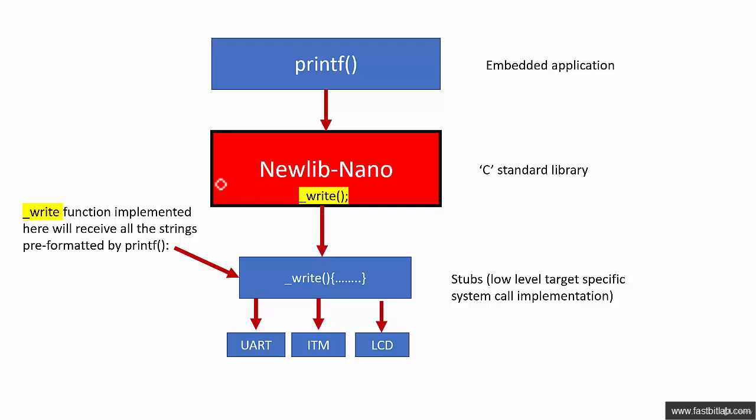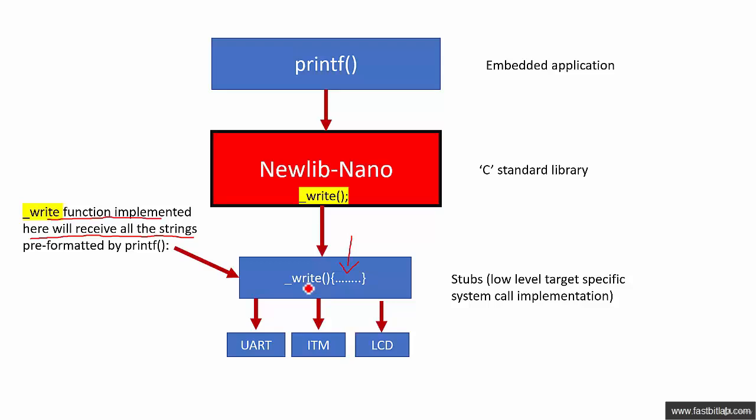What happens here is a kind of redirection. So NewLib redirects printf to the low-level write function. The write function implemented here will receive all the strings which are formatted by printf. You will receive the formatted string here from NewLib, and then you have to decide where you are going to print that string, whether you are going to send it to the UART or LCD or something like that.